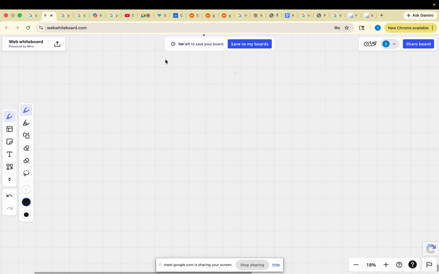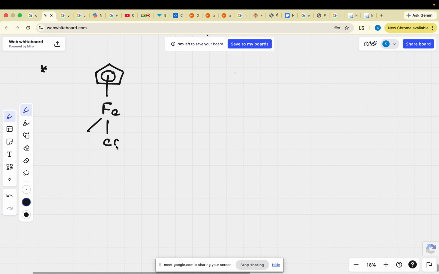Now suppose you have this. Here you have a cyclopentadienyl ring, then here you have an iron center. You have two carbonyl ligands.